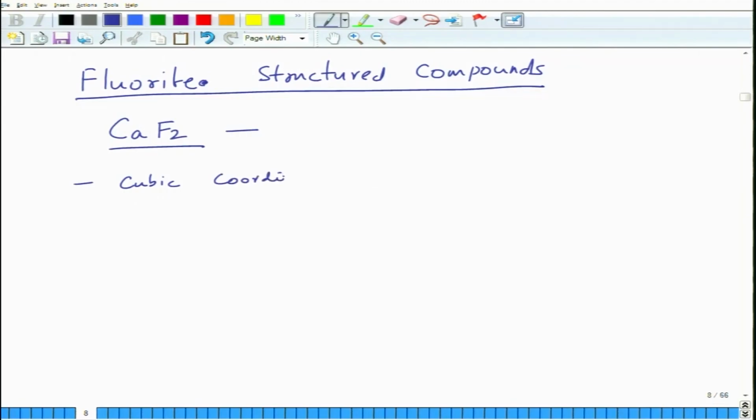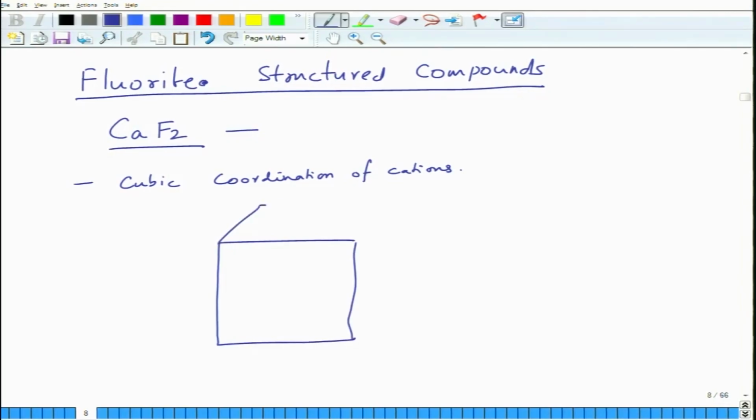coordination of cations. Based on this, cubic coordination of cations can form like this. Cubic coordination means 8-fold coordination, right?